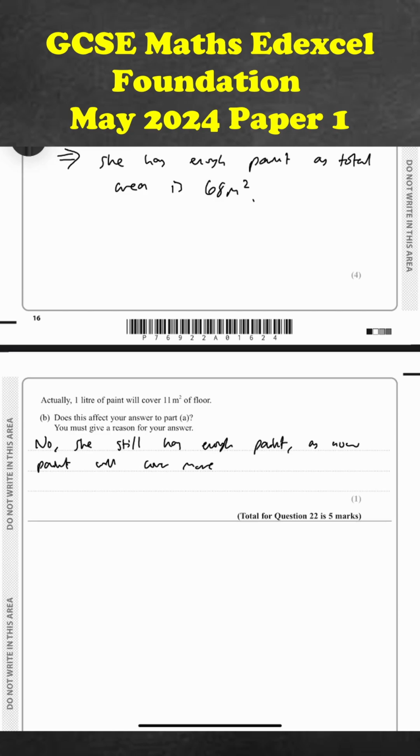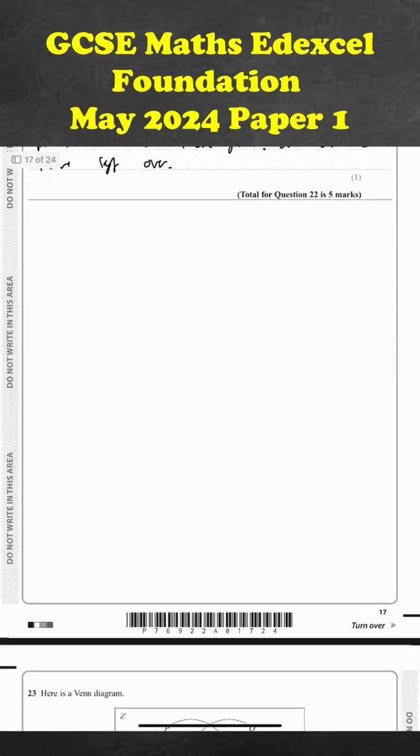Or words to that effect. You can work out the exact number it will now cover. I even just write she will have more left over as well, just to make it obvious that I know that she's now got even more coverage of the floor.